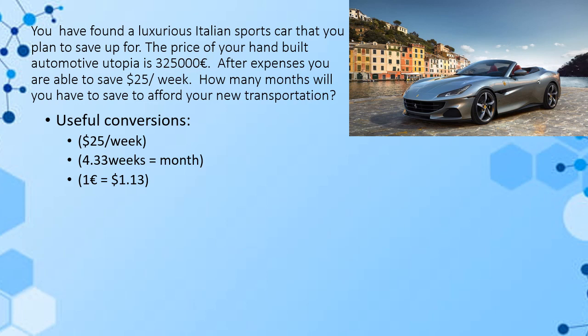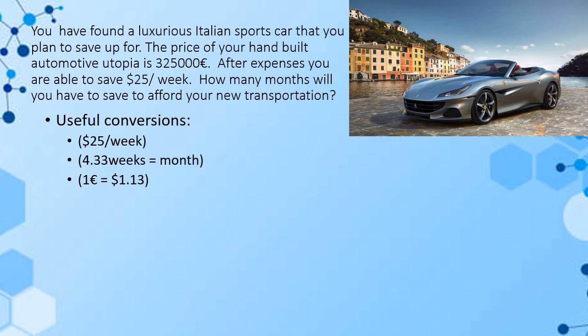So let's think about this step by step. I want to know how many months it's going to take me to save up this 325,000 euro, and I know that I make $25 a week, or I'm able to save $25 a week. So I think the first thing I would do is figure out how many dollars 325,000 euro is.